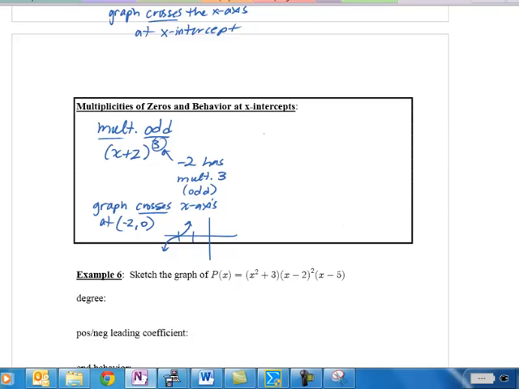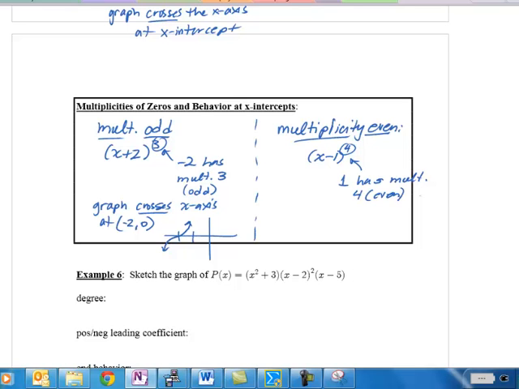But if the multiplicity is even, as in the case of, say, x minus 1 to the 4th, the multiplicity is 4, and we would say 1 is the 0, has multiplicity 4, which is even, and the graph will turn around at the point 1, 0.